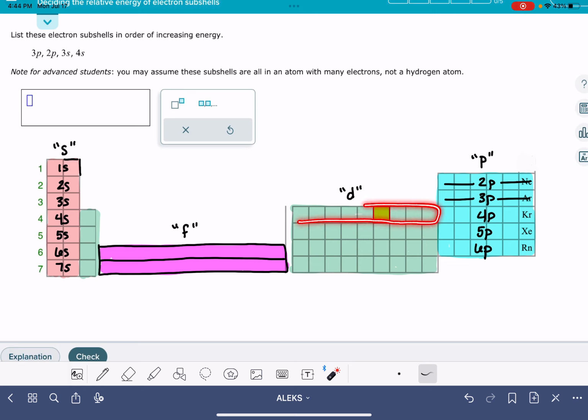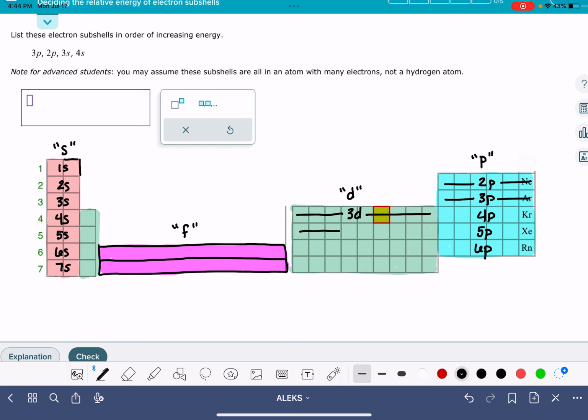Now for the d orbitals, these guys right here are actually lagging behind in terms of numbers. These d orbitals, which are in row number 4 on the periodic table, are actually the 3d orbitals.